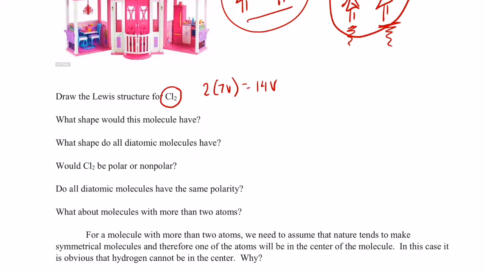Now remember, when we draw Lewis structures, those atoms share a pair of electrons. So I'm going to put a pair of electrons between the 2 chlorine atoms, and that would be my covalent bond. That would be my shared pair right there. Well, what am I going to do with the other 12 valence electrons?